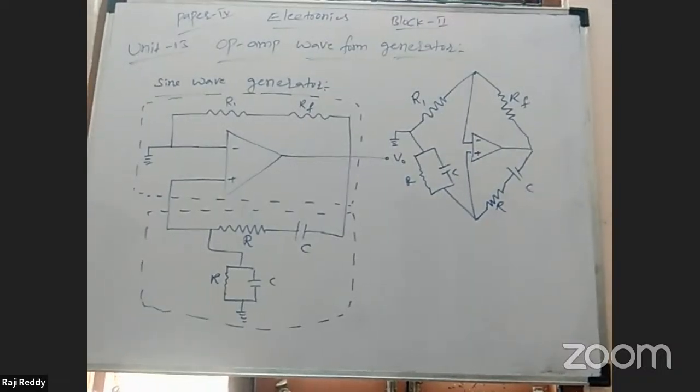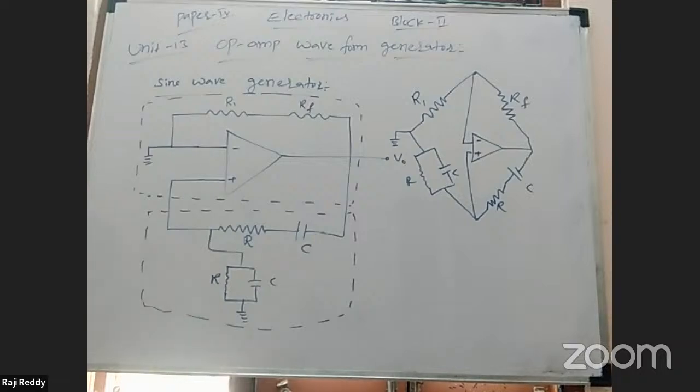And CRO is nothing but an oscillator. An oscillator circuit in which a balanced bridge is used as a feedback network is like a Wheatstone bridge oscillator. The right side diagram is a Wheatstone bridge oscillator. The bridge is clearly indicated.